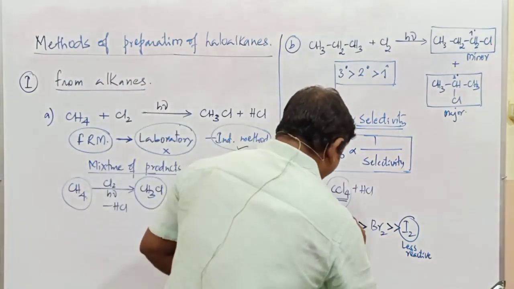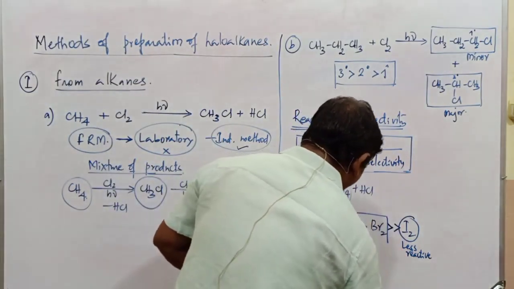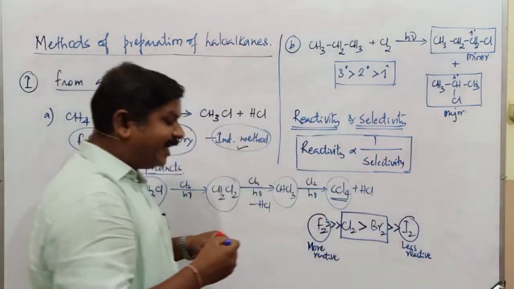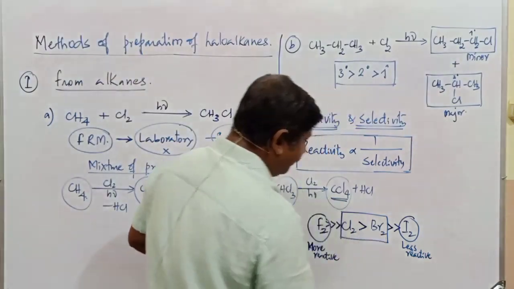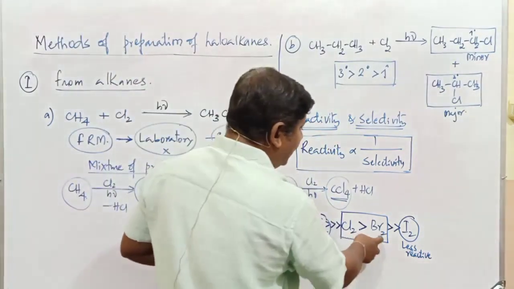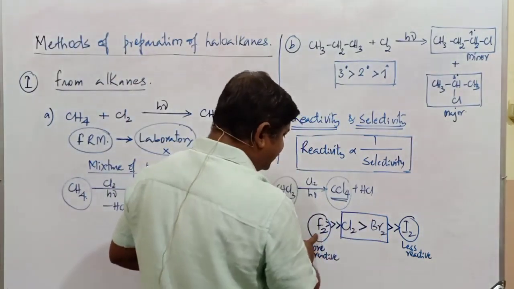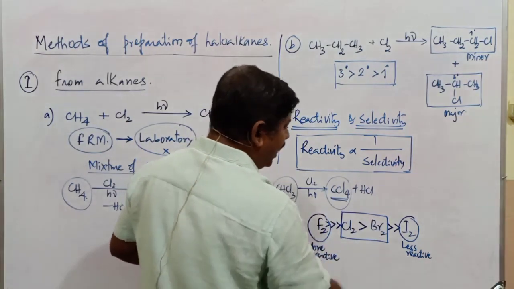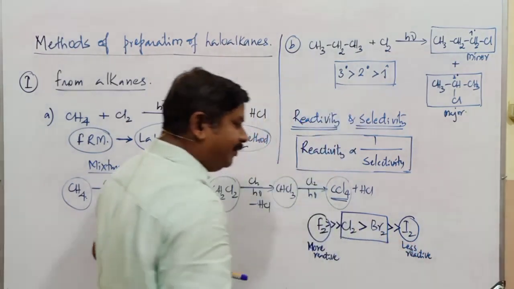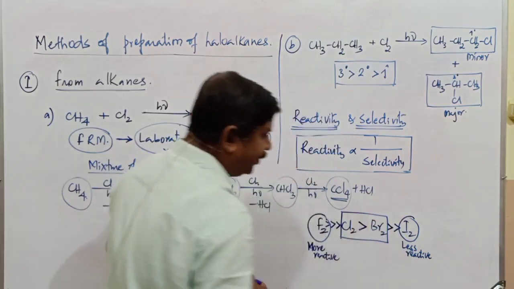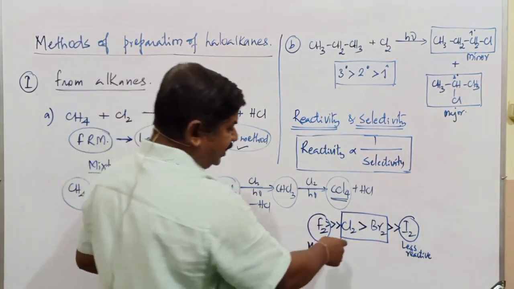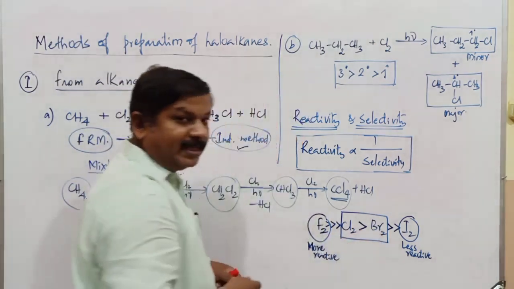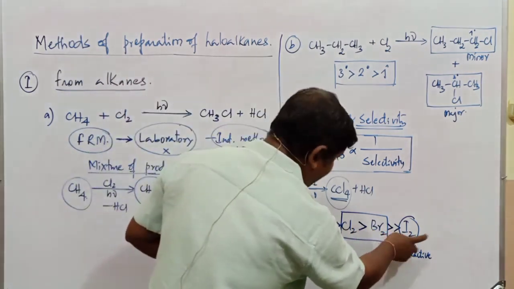So today we have the maximum number of compounds with chlorine as well as bromine, because chlorine and bromine are reactive in nature but less than fluorine, and they are selective in nature but more than iodine.